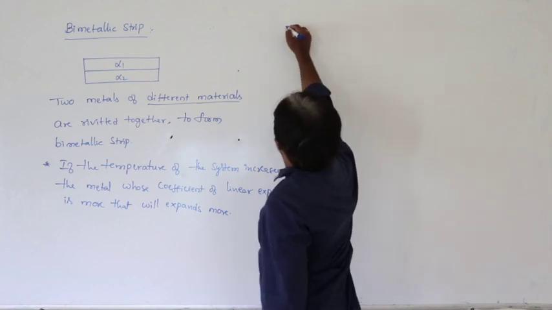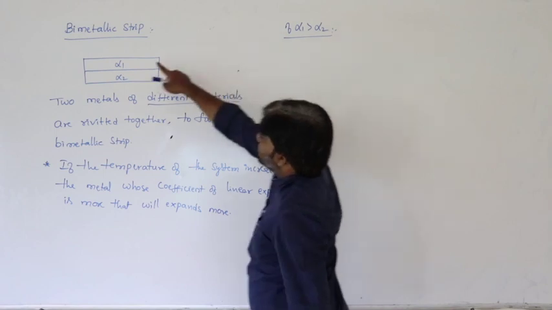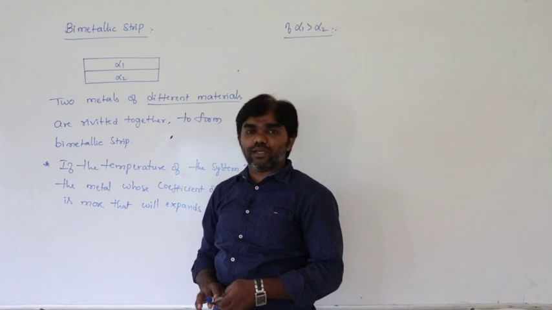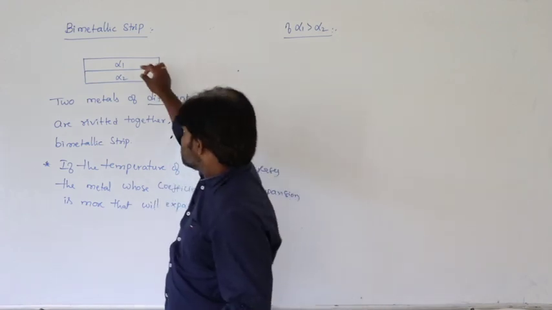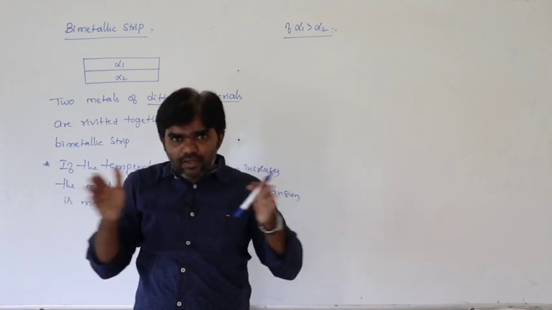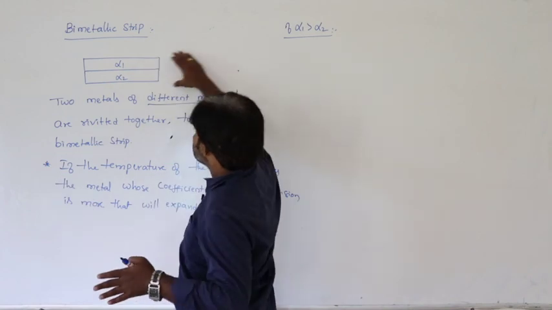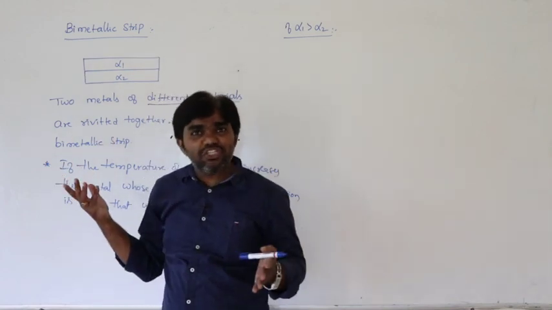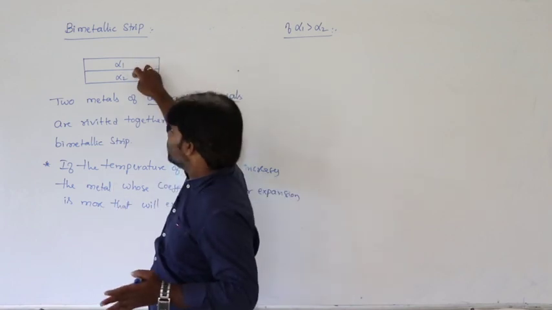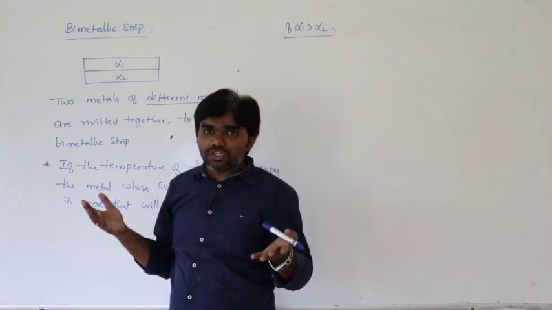If alpha 1 is greater than alpha 2, then metal 1 expands more when compared to metal 2. For example, if alpha 1 equals alpha 2, then it expands equally in all directions, lengthwise, and there is no change in the shape.